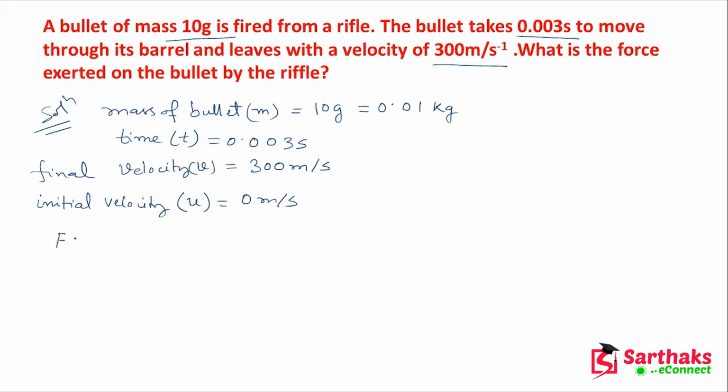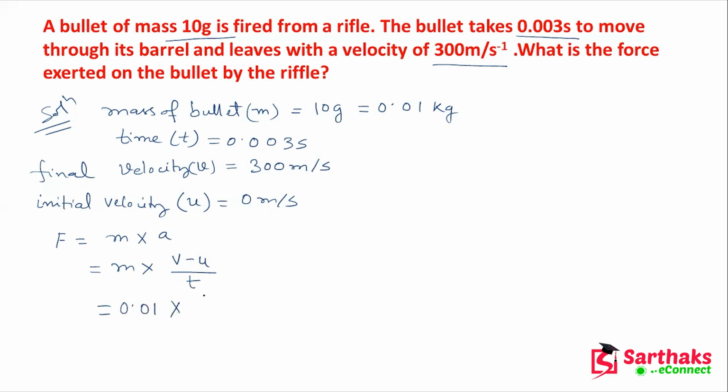So here F, the force, equals m into a, where acceleration is v minus u divided by t, final velocity minus initial velocity divided by t. How much is the mass? 0.01 kg.